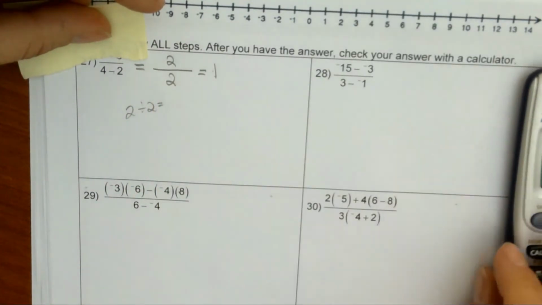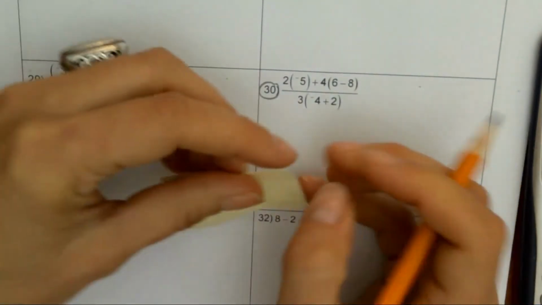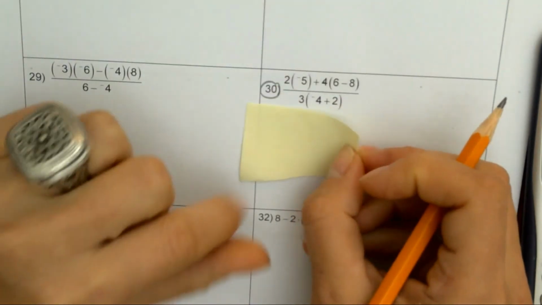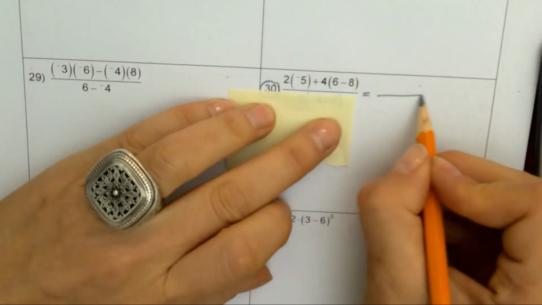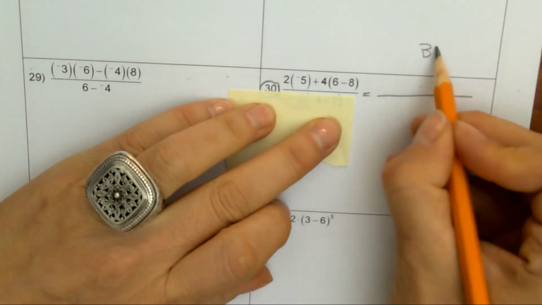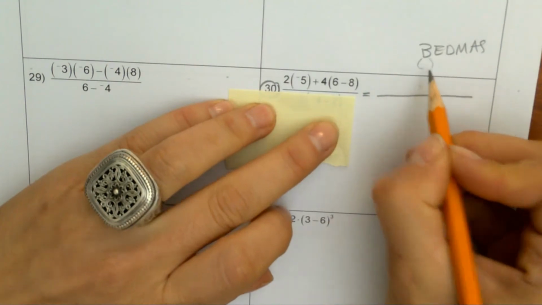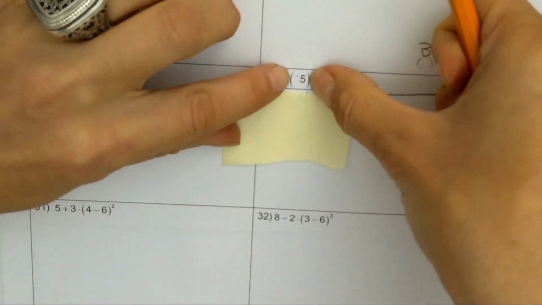Okay. Let's look at question 30. So don't worry that it looks really awful. Just cover it up and let's do the top first. So let's write BEDMAS. Do I have brackets? Yes. So here's a bracket. Can I do anything inside that bracket?